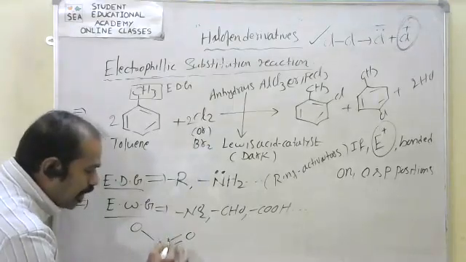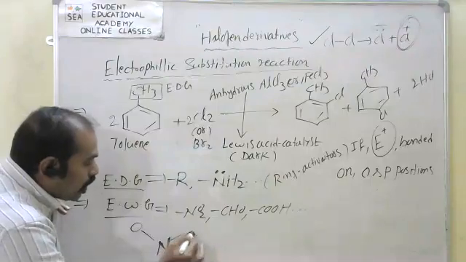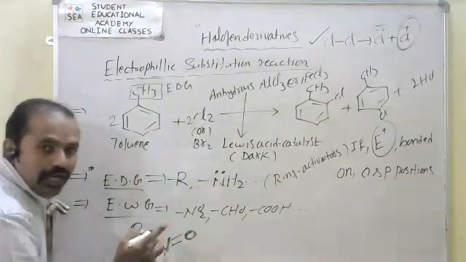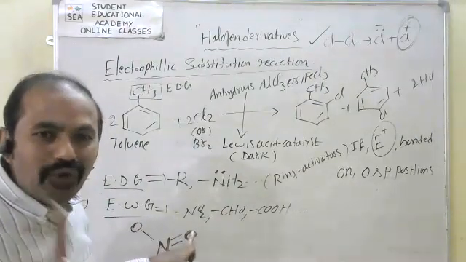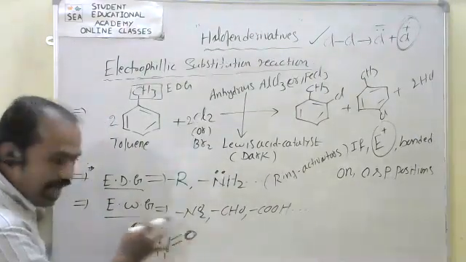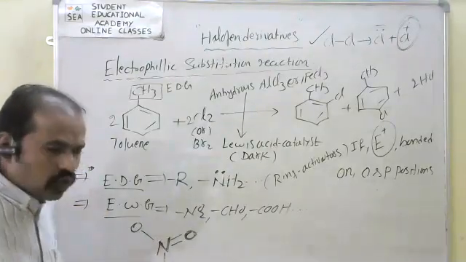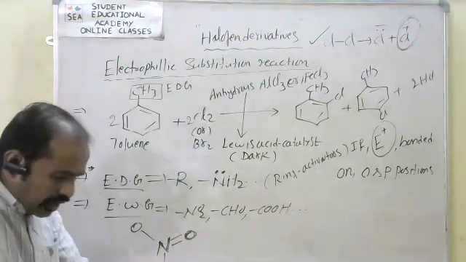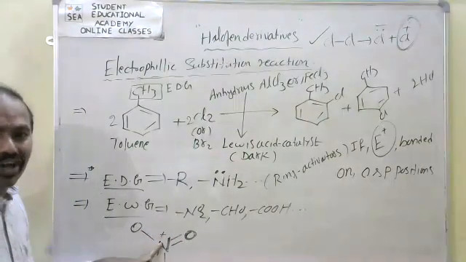At the same time, this atom is bonded to more than one highly electronegative atom. Oxygen is more electronegative than nitrogen, so these two atoms pull the electrons towards themselves. Internally, the nitrogen gets a positive charge.